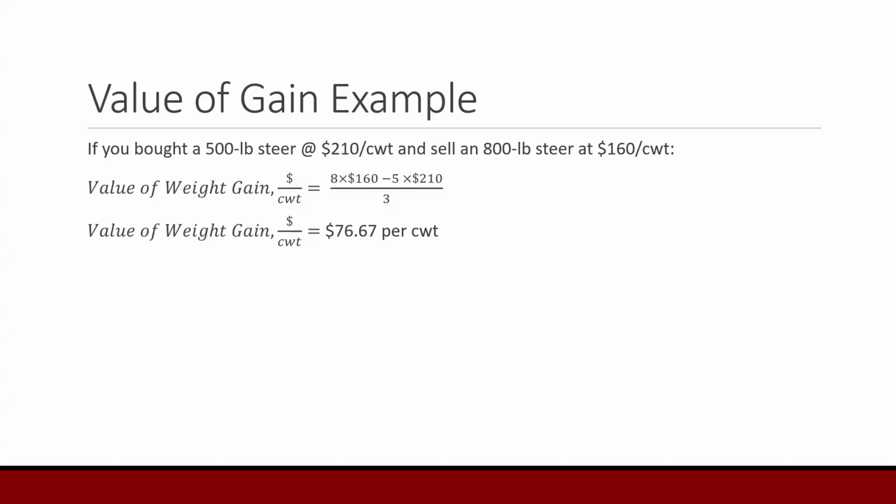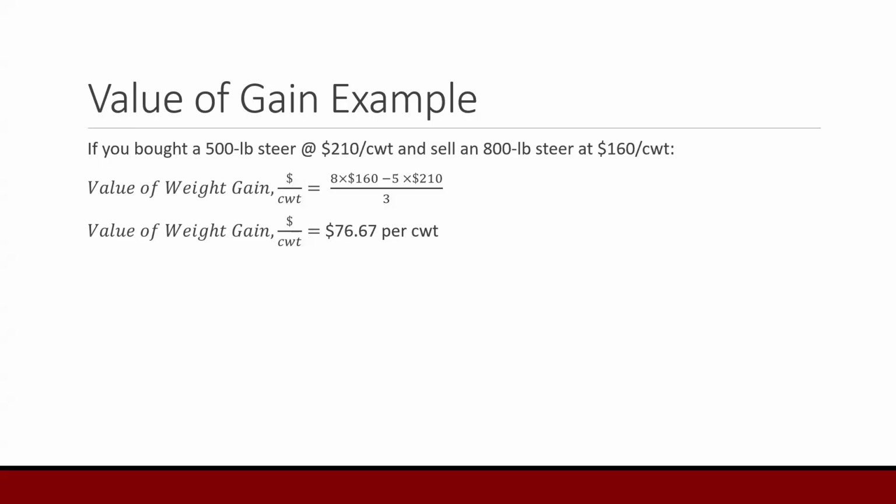All right. Here's an example. Basically the same one we used before. If I were to purchase a 500 pound steer for $210 per hundredweight, versus an 800 pound steer, so I'm going to sell an 800 pound steer at $160 per hundredweight.